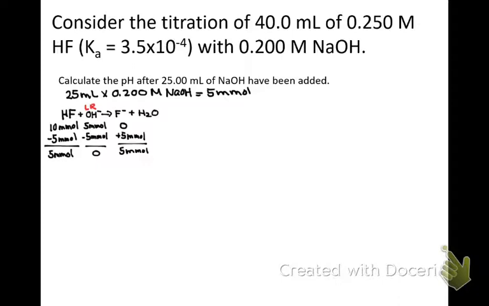All right, so now we need to figure out what's in solution and calculate the pH of that. So here we have both HF and F minus in our solution after the neutralization reaction. This means we've got a weak acid and its conjugate base. This is a buffer. We can use the Henderson-Hasselbalch equation to calculate the pH.